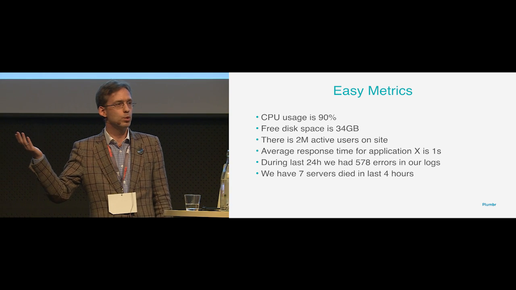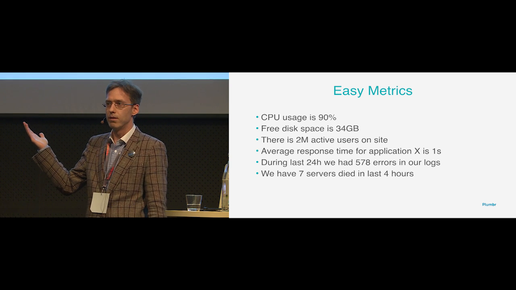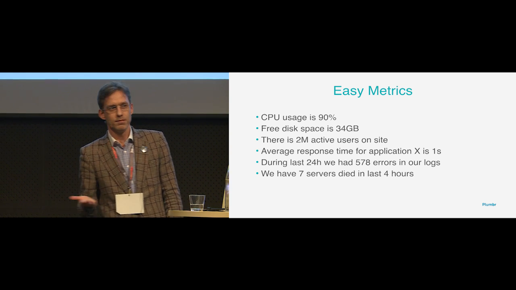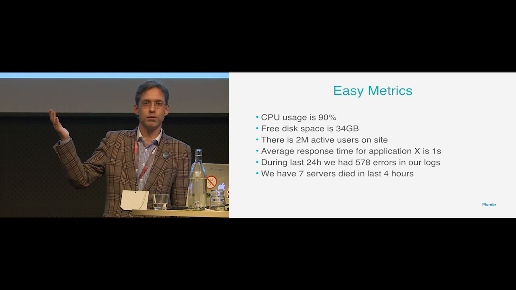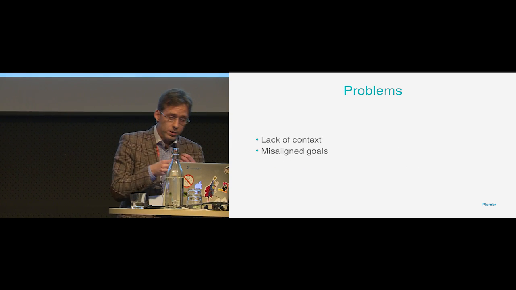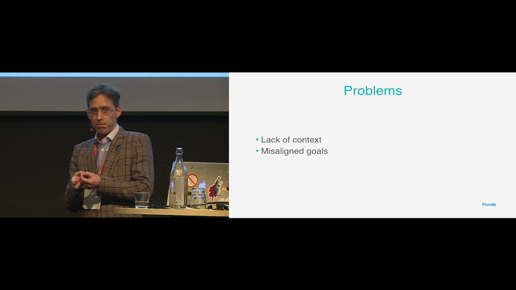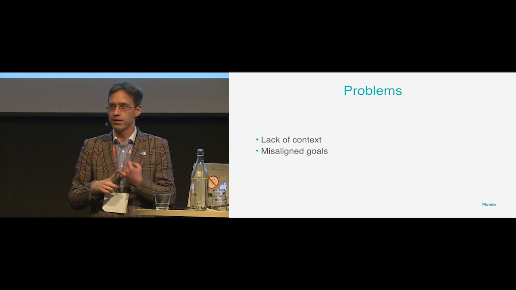I hear some Google employees, I believe they have 700 servers dying every minute. Are you a startup where those 7 servers are exactly 100% of your production environment? So the problem with those easy metrics, in my point of view, first of all, they lack context.